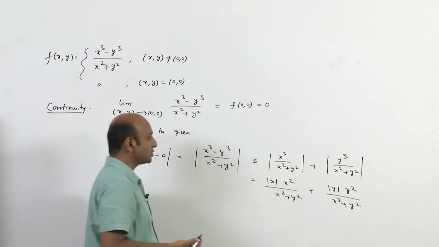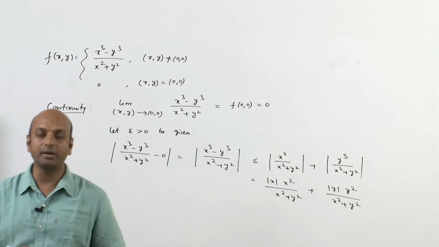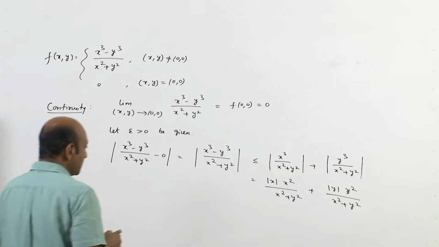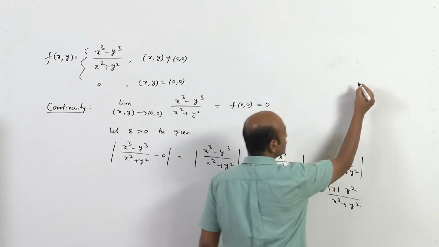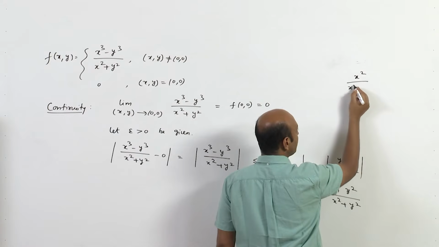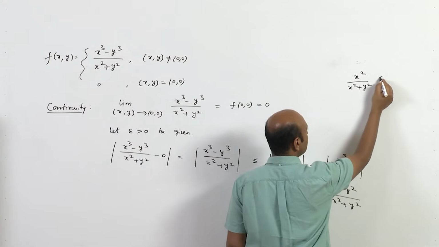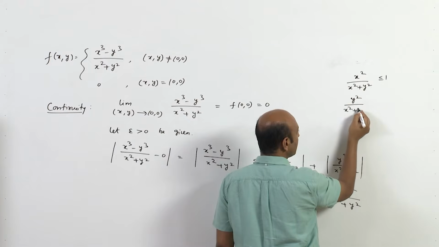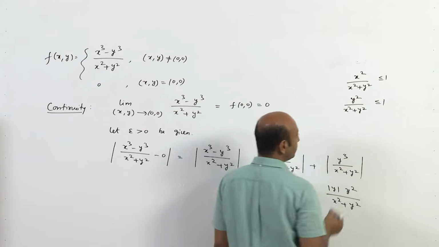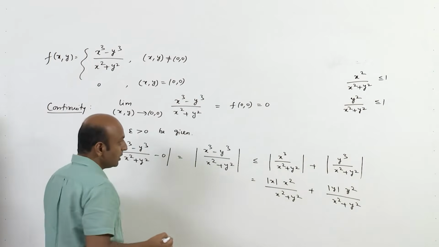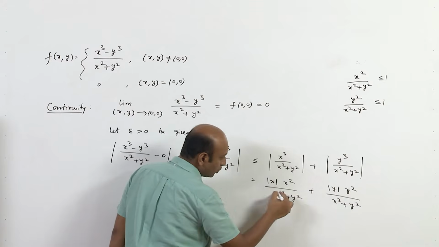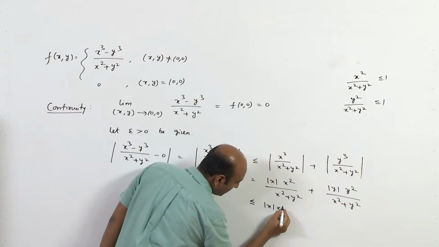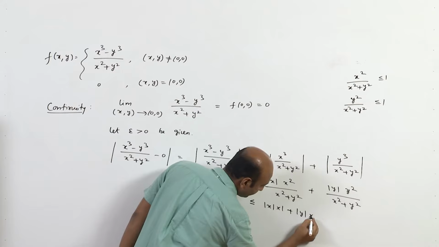Because y square and x square are non-negative quantities, they can be taken out of the modulus. Now, x square upon (x square plus y square) is always less than or equal to 1. Similarly, y square upon (x square plus y square) is always less than or equal to 1. So, these quantities are always less than or equal to 1, and we can take it as less than or equal to mod x into 1 plus mod y into 1.